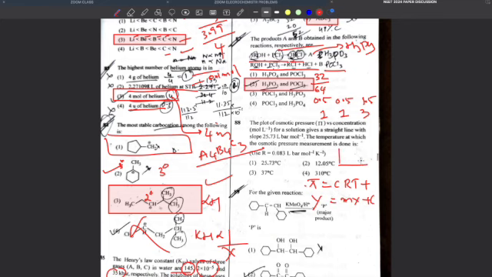So the plot of osmotic pressure pi versus concentration obviously gives a straight line with the slope equal to this much. The slope equals the temperature term here. This is the slope, we got it. So from this we have to solve it. We'll see this question later.